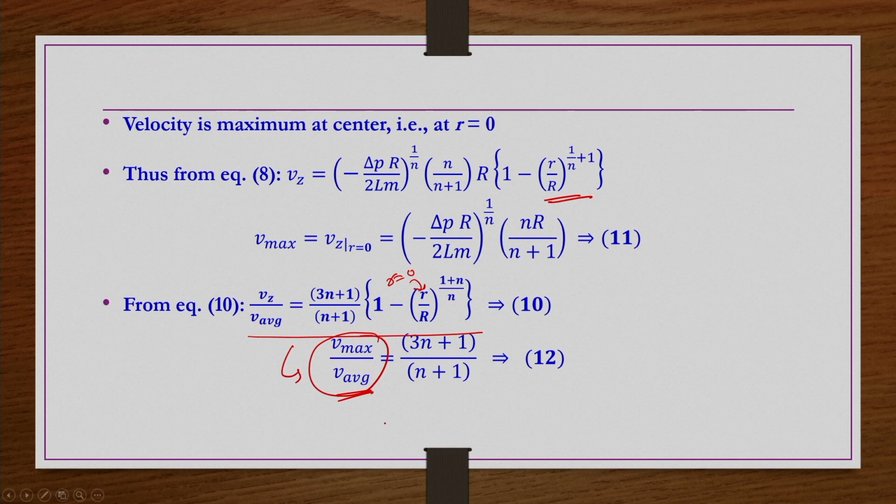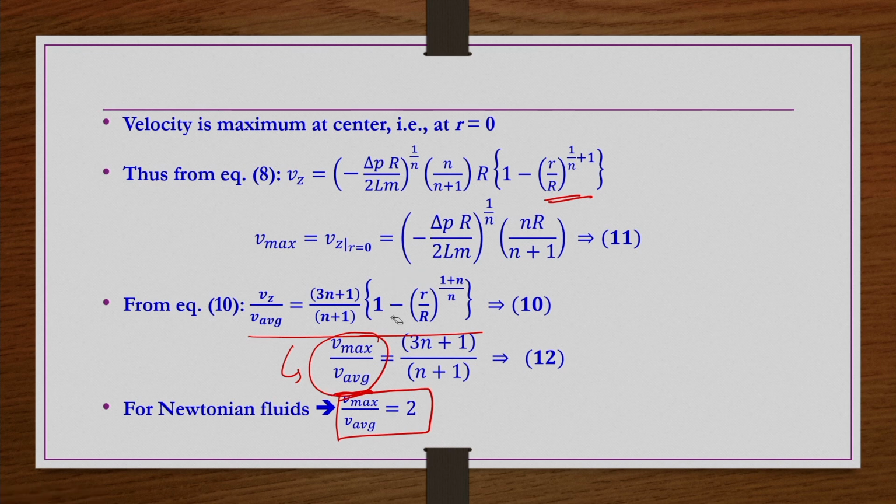So if it is a Newtonian fluid, n is equal to 1, which means V max by V average is equal to 2, that we already know.